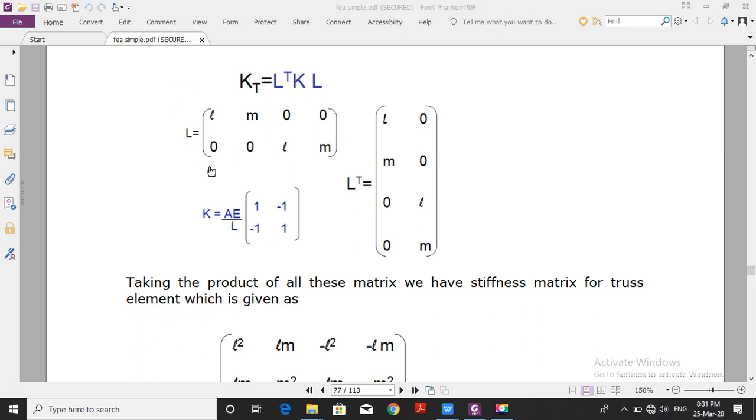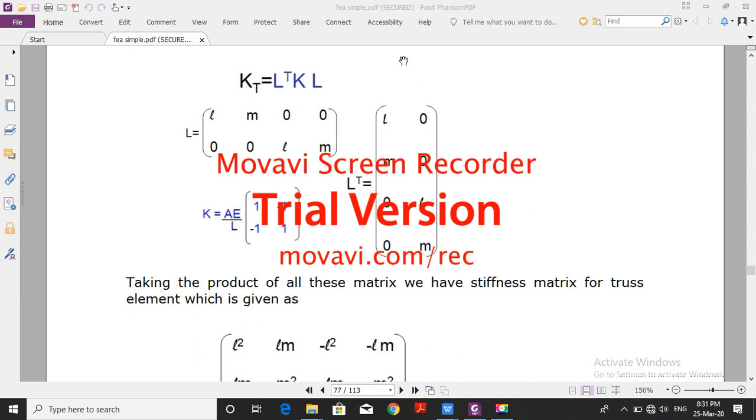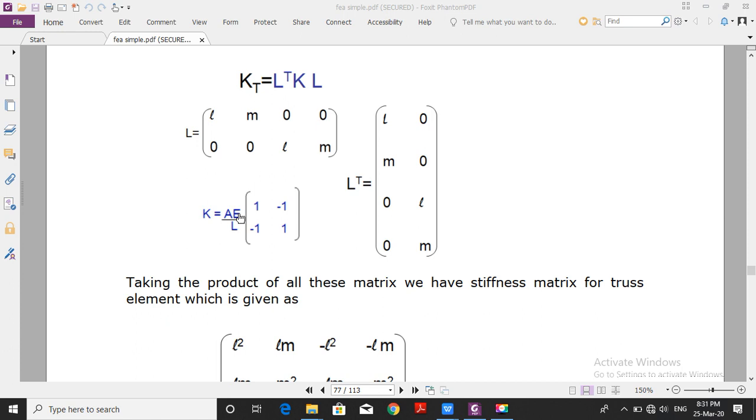L we know, and L transpose will be like this. And the k equation we already know: A into E divided by l, where A is the cross-sectional area, E is the Young's modulus, and l is the length, times [1 -1; -1 1].